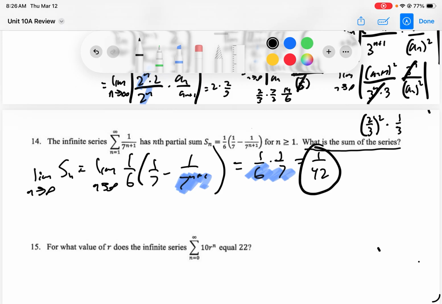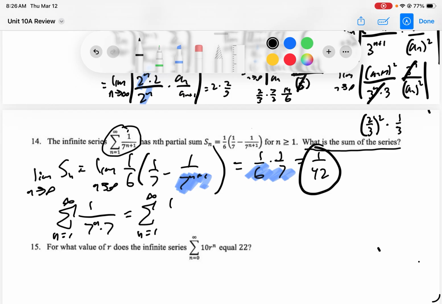The other way to do this is to rewrite this as a geometric series where you can find out what r is. This would be the series starting at 1 going to infinity of 1/7 times 1/7 to the power of n. I can rewrite that as just to the power of n like that. So the r number is 1/7. The series adds up to the first term, so plug in 1.